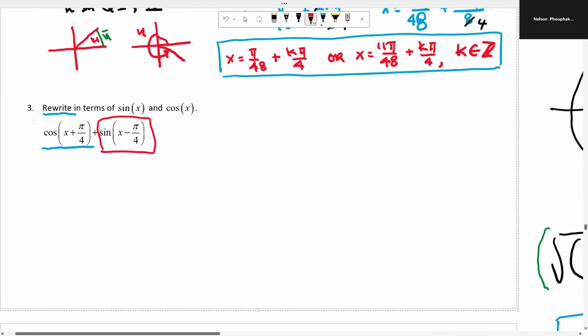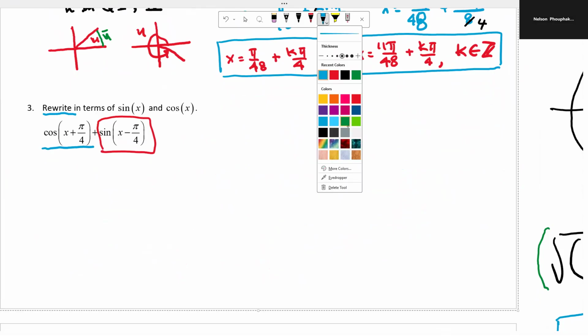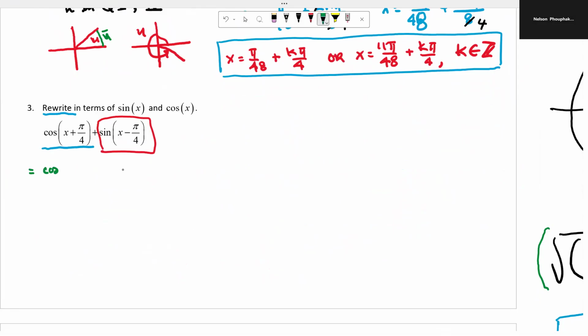So to this one, I will have this equal to cosine of x cosine of pi over 4 minus sine of x sine of pi over 4.